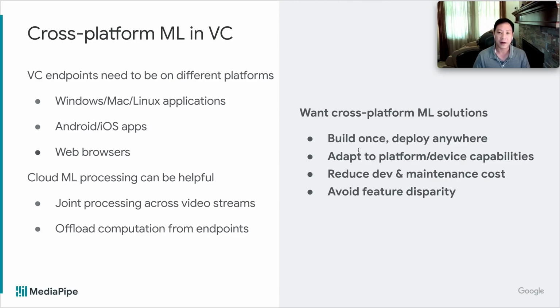On less capable devices, you also want the solutions to be able to automatically switch to a lighter version of the machine learning models while reusing the rest of the solution as much as possible. Such cross-platform support in machine learning solutions can be very helpful to reduce development and maintenance costs in video conferencing systems. They also help avoid feature disparity, such that users can enjoy very similar experiences regardless of which platforms they choose to use.